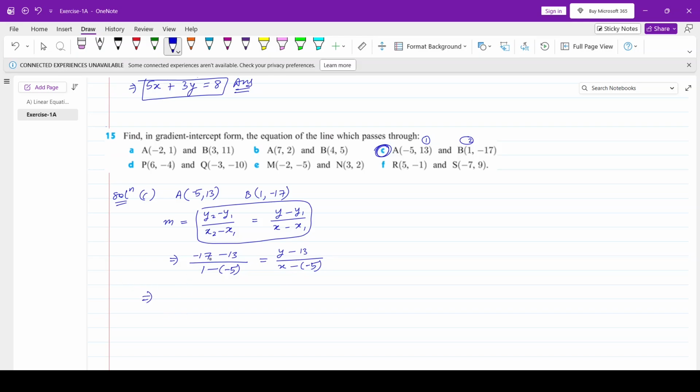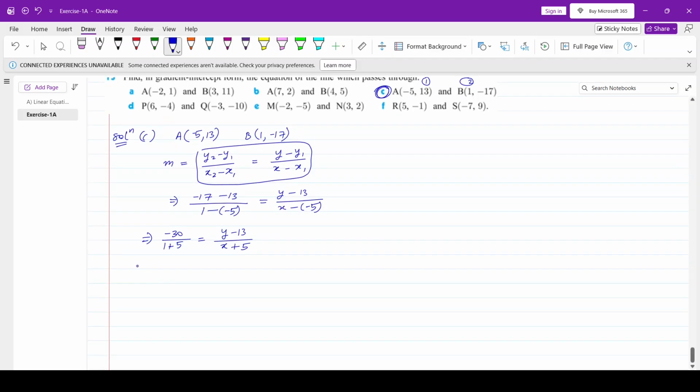Solving this further, the numerator will add up to minus 30, the denominator will add up to 1 plus 5, which is 6. This will remain as it is, y minus 13 and x plus 5. Now minus 30 divided by 6 is equal to y minus 13 over x plus 5. Cancelling 30 with 6, we get minus 5. Minus 5 is equal to y minus 13 divided by x plus 5.